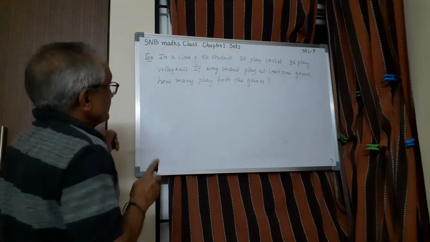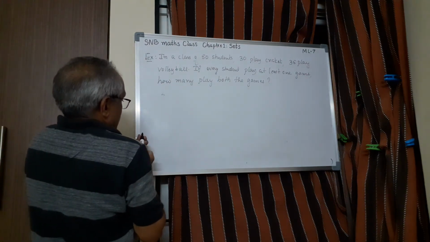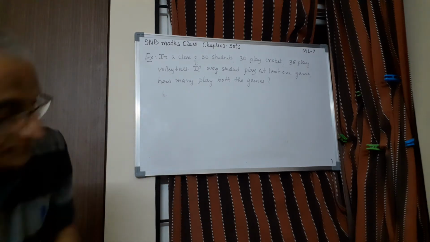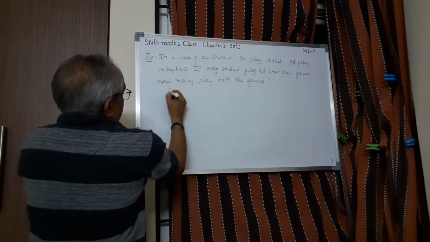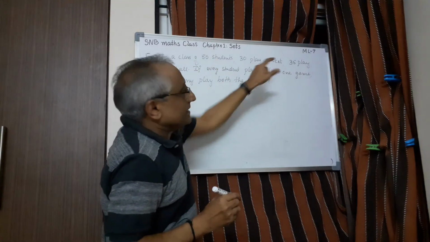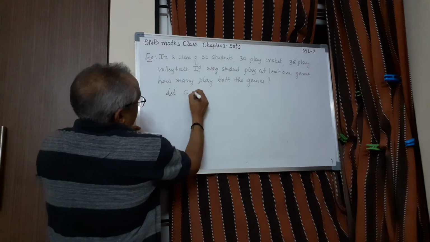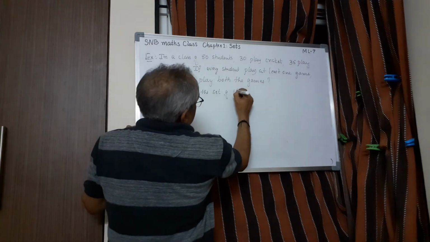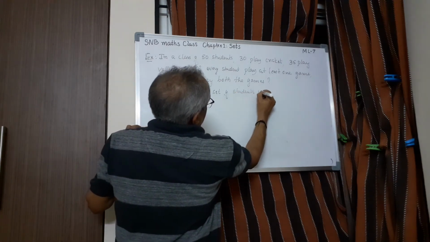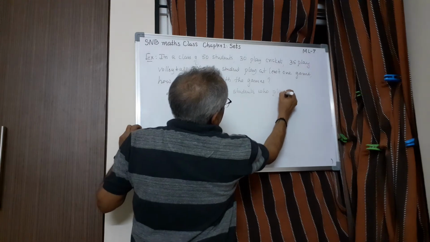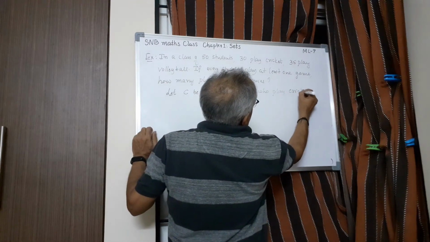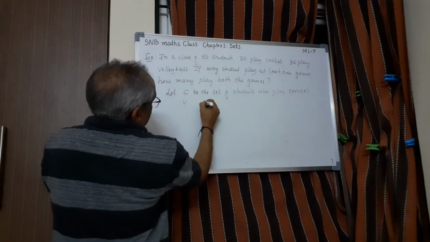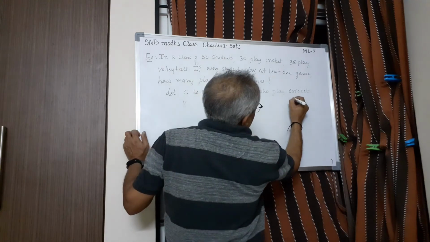So what you have to assume is, let us take here cricket, let me take as C. Let C be the set of students who play cricket, and V be the set of students who play volleyball.